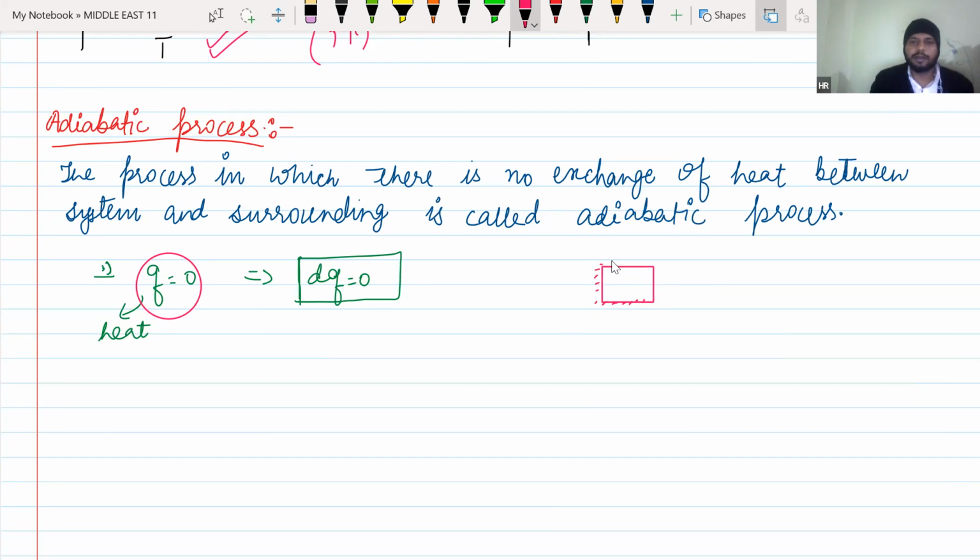If we have a system in which the boundary is made up of an adiabatic wall, remember the term adiabatic wall. And if you want to heat it, with rising temperature, will there be any heat energy in the container? Yes or no?